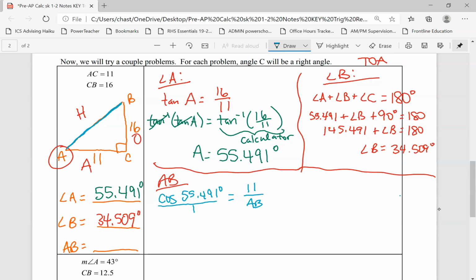I like to make this like a proportion and cross multiply. So AB multiplied by the cosine of 55.491 is equal to 11. So we divide both sides by the cosine of 55.491, and we get that AB is equal to 11 divided by cosine of 55.491, and we get 19.416.